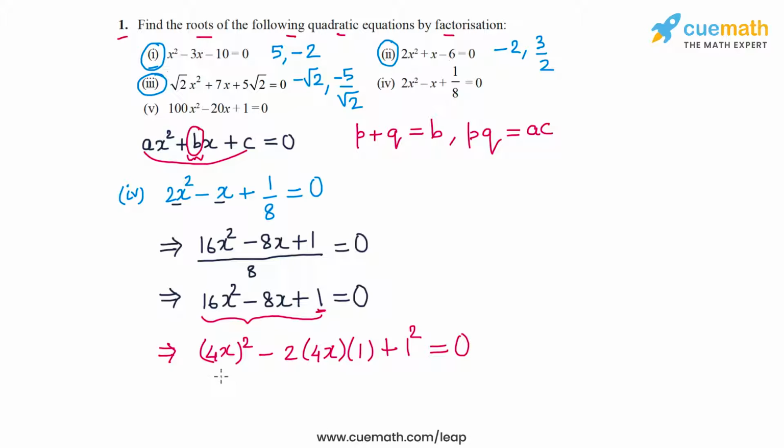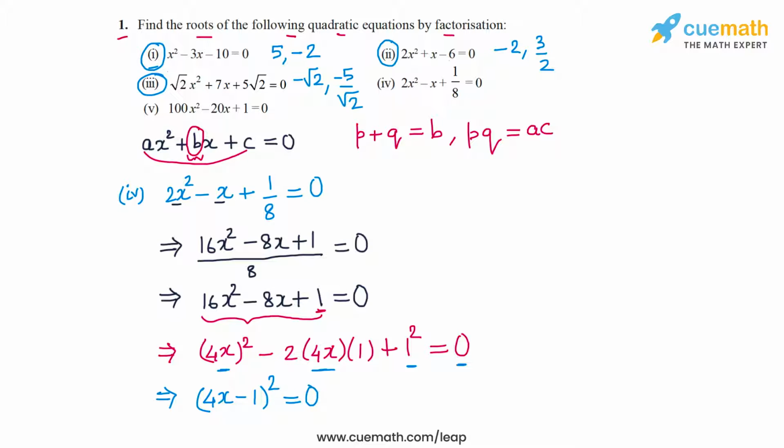So now if you observe this expression, it is of the form a square minus 2ab plus b square equal to 0. So we can factorize it as a minus b whole square. So we can write this as 4x minus 1 whole square equal to 0.